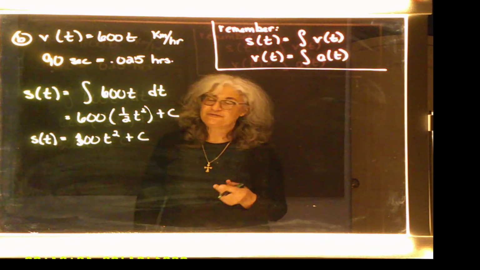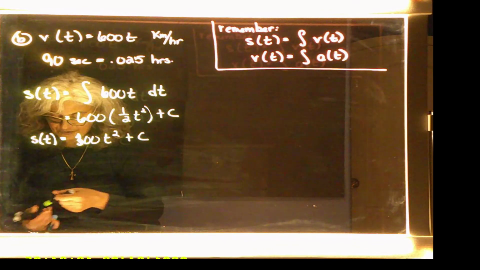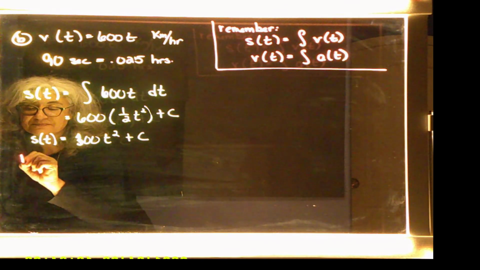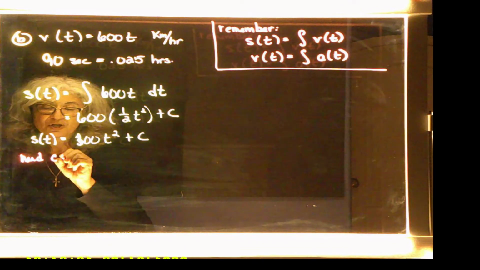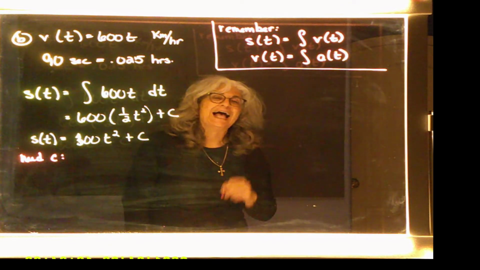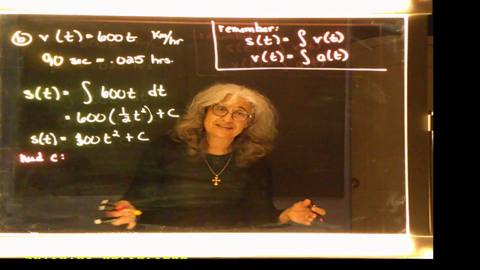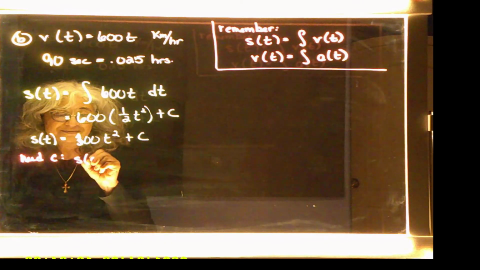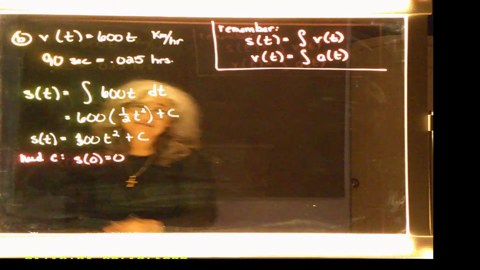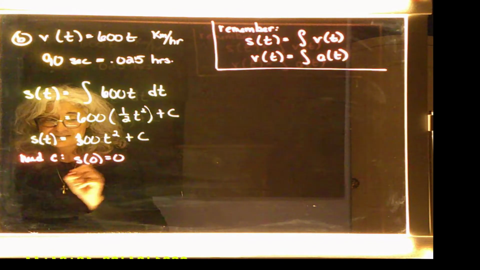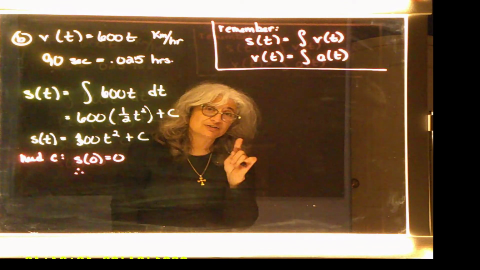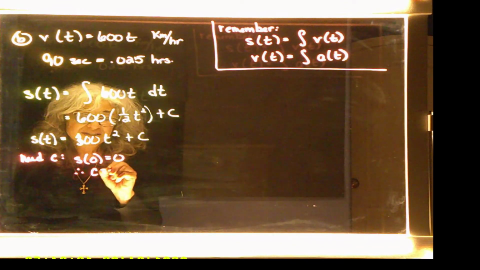Okay, need to find the constant, right? So, to find the constant, what do we know? At time 0, the distance is 0. So, s of 0 is going to give me 0, which means c, therefore, remember those 3 little dots in a triangle mean therefore, c is 0.